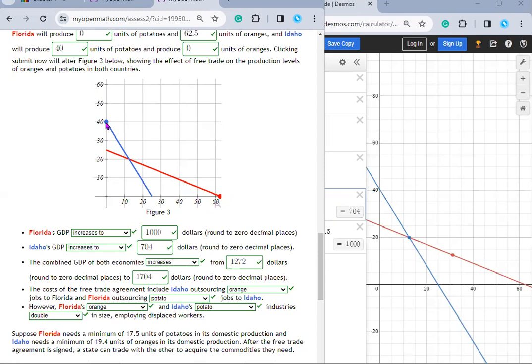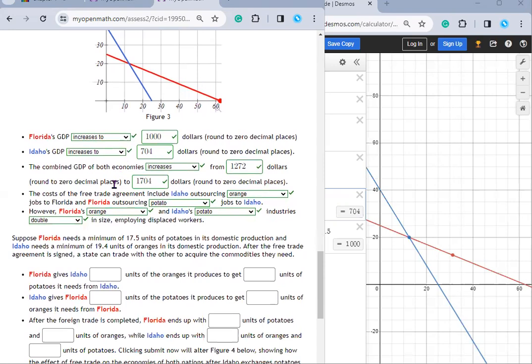Idaho will give up some of its potatoes to get some of Florida's oranges and vice versa. Florida will give up some of its superabundance in oranges to get some of Idaho's superabundance in potatoes. So to make this simple, let's just assume some numbers here. Suppose Florida needs a minimum of 17.5 units of potatoes, right?